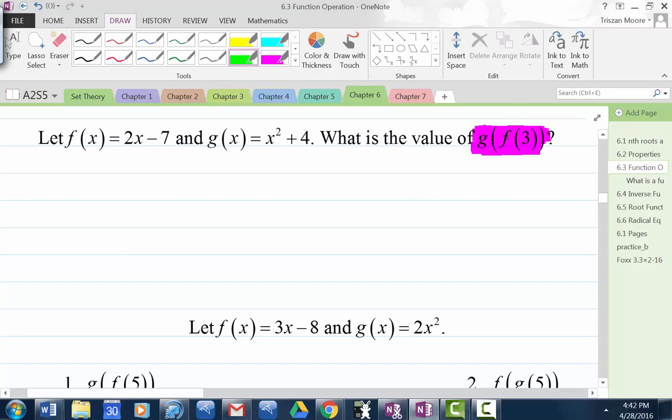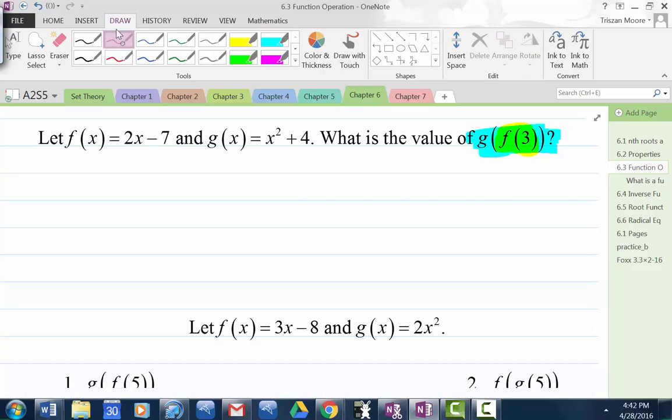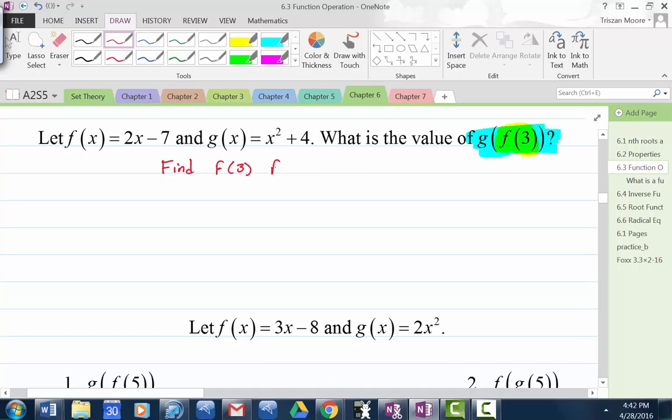Well, I'm sorry, you don't know how to do g of f of 3. But at least you can find out what f of 3 is, right? Why don't you just find f of 3 first?